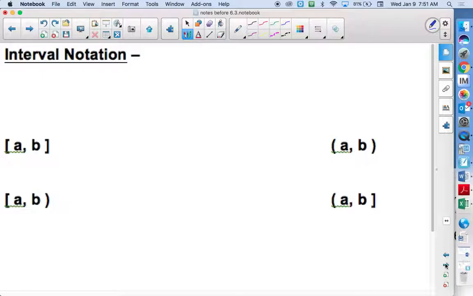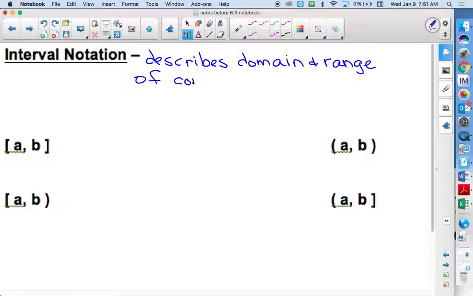So interval notation describes the domain and range of continuous functions without using inequalities. So we're getting away from using the inequality symbols.